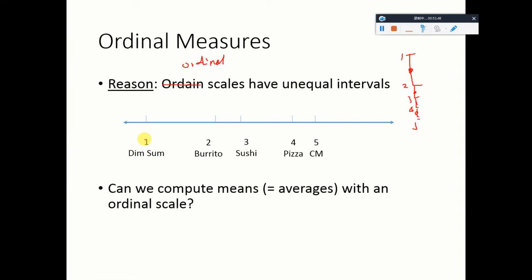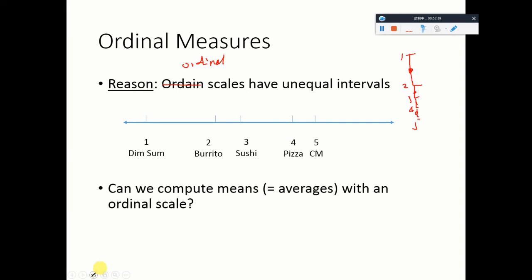For example, here, exactly because 1 is so much better than 2, and of course so much better than the rest of the types of food, that implies that Andrew very likely assigns a very heavy weight to dim sum, but a much lighter weight to sushi. And exactly because all these different values have different weights, indicated by the different intervals they have, right?